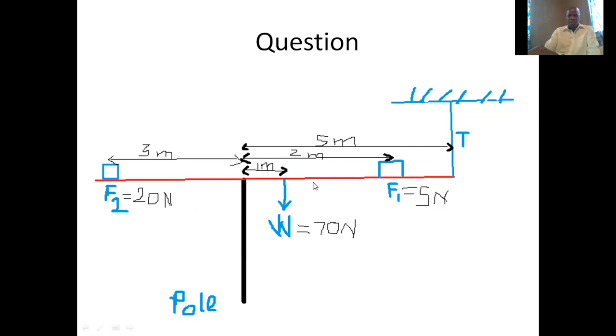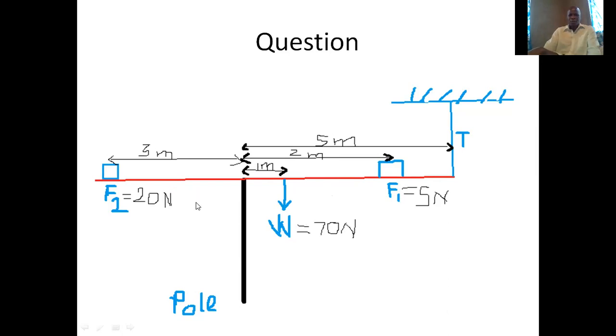The second moment is the weight of this rod, which is W multiplied by the distance to the pivot, which is 1 meter. So in the clockwise, we have 2 moments. F1 multiplied by 2 meters, or 5 Newtons multiplied by 2 meters, plus 70 Newtons multiplied by 1 meter.